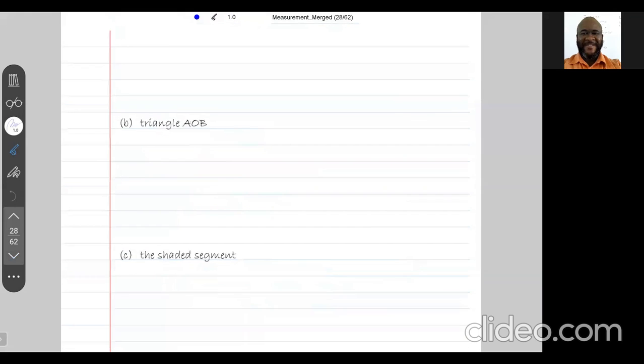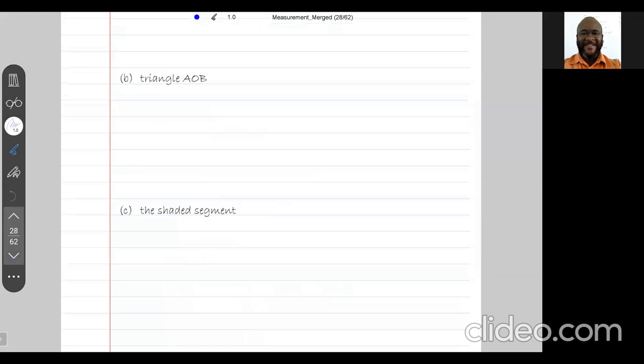All right, next we're asked to determine the area of the triangle. It's triangle AOB, which is an isosceles triangle, and the length of the two equal sides is 21 centimeters, and the angle between the two sides of known length is 72 degrees.